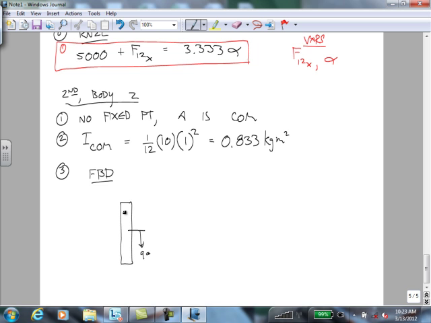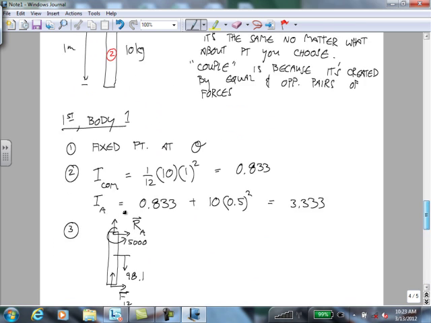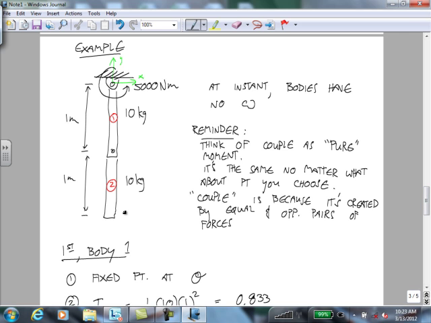And now just think about going around the outside of the body looking for places where there's contact. Okay? The only force is happening at this pin, right? This couple is applied to the other body. It's not touching this one, so that doesn't appear. Okay?